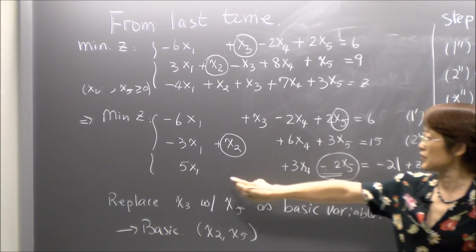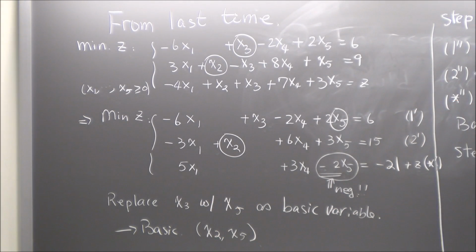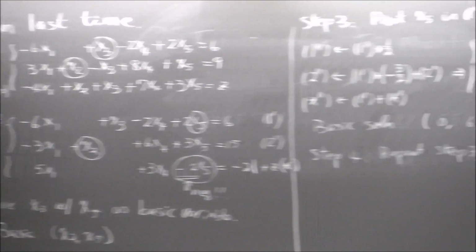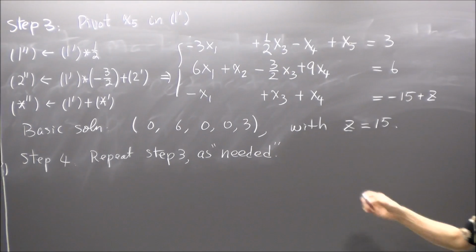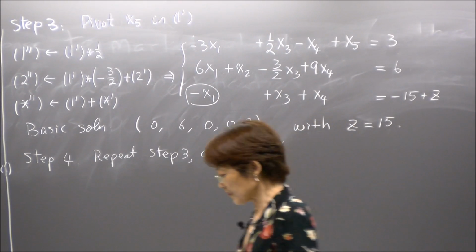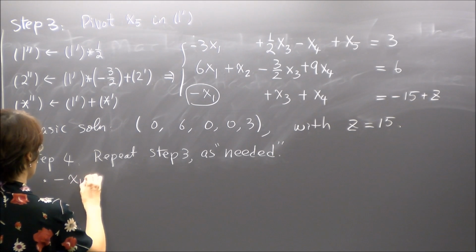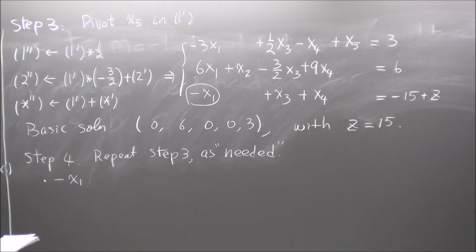And these positive coefficients, when we figured out that if we make them bigger, it doesn't help, is that right? So what about here? Do we have a negative coefficient? Yeah, we have one here. This one. So we observe that we have negative x1 in the objective function.